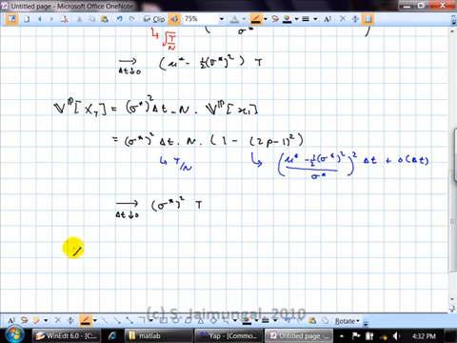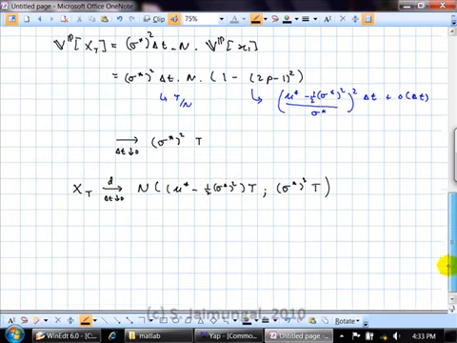So what we found is that the limiting distribution is normal with mean mu star minus a half sigma star squared times t. It scales linearly with time, which is nice, and the variance scales linearly with time, which is also nice.